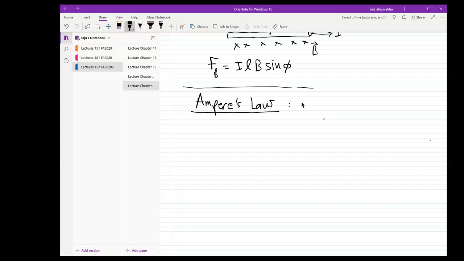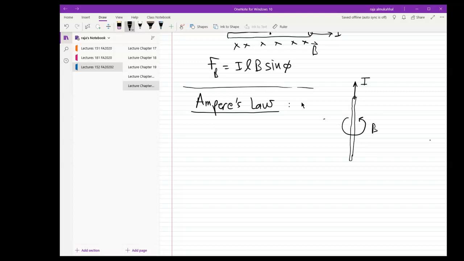Here is the wire. Let me put it vertically. Here is the wire right here, and let's assume this is the wire segment. And let's assume here is the current going in this direction. By using the right-hand rule, there is a magnetic field that is literally circulating around it.